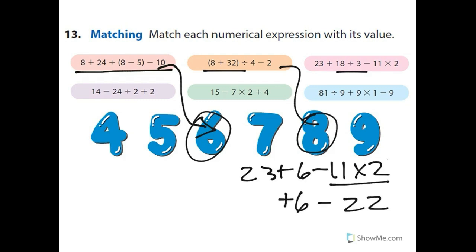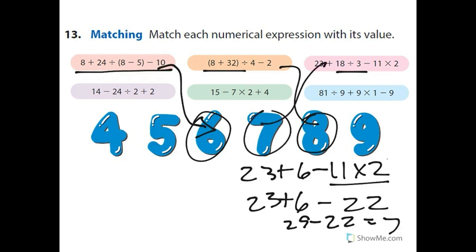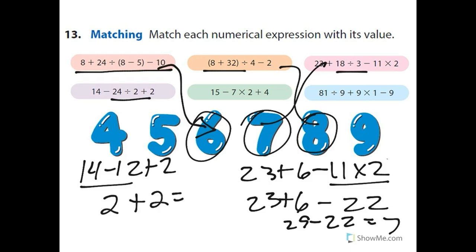Bring down everything else. 29 minus 22 equals 7. Alright, so on this next one, 24 divided by 2, so we got 14 minus 12 plus 2. 14 minus 12 is 2, plus 2 is going to be 4, right here.